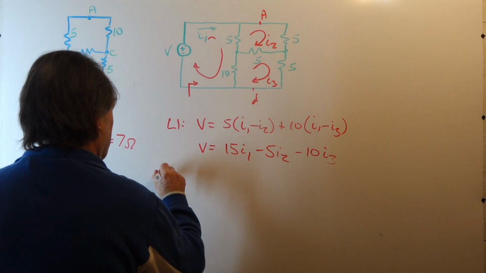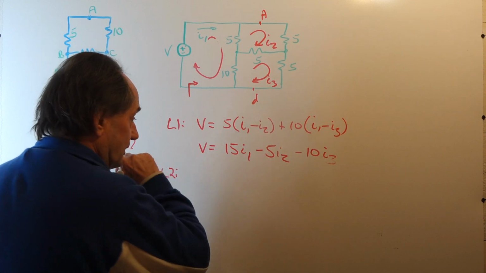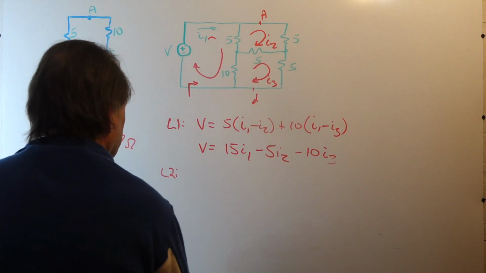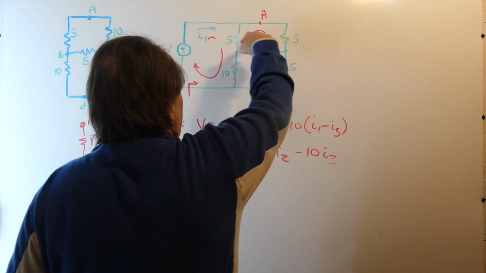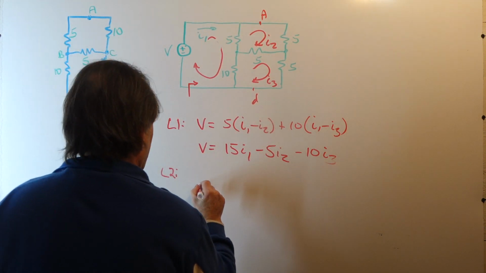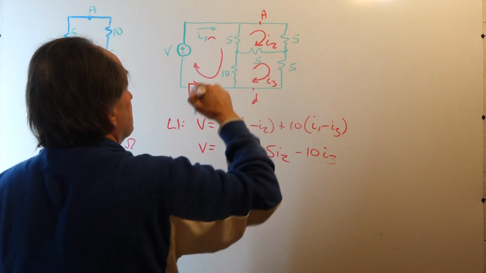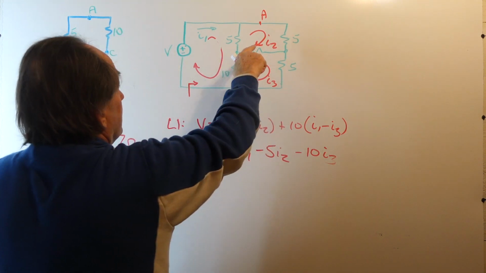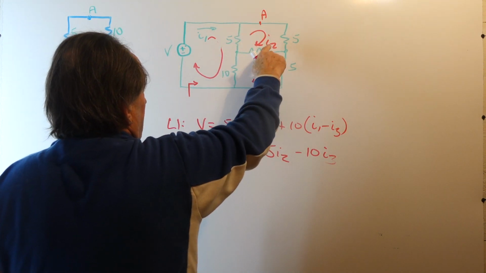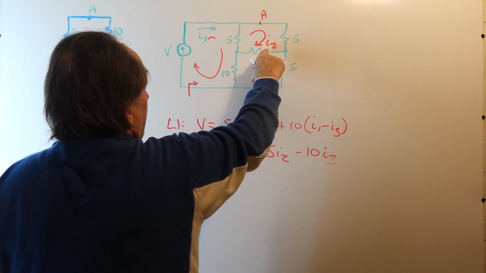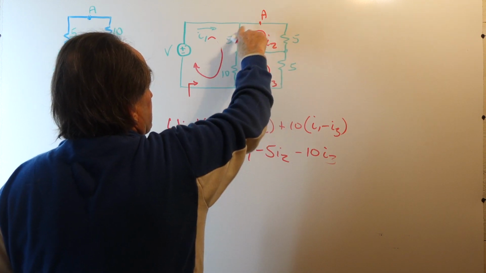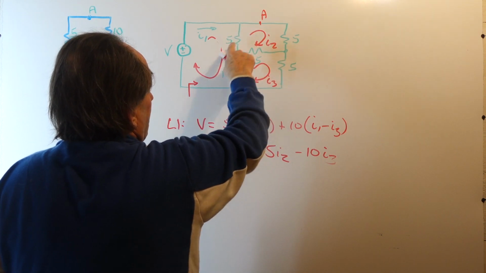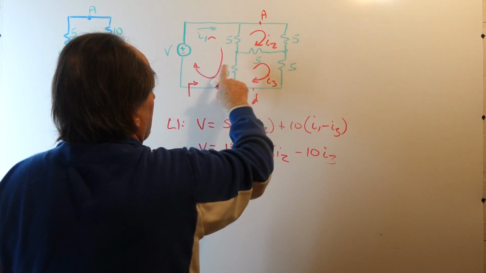Now, likewise, in loop 2, I'm going to do this in a shorthand method and show you how you do that. We're going to sum the voltages around the loop. So we'll have 0, there's no voltage source. 0 is equal to, for I2, the coefficient that's all the resistances that touch the loop current I2, minus the elements that touch the other currents.